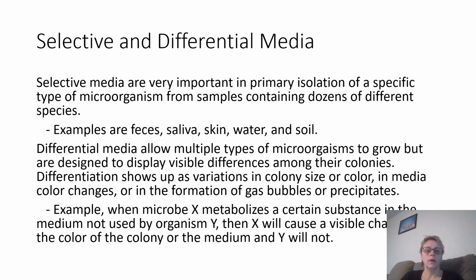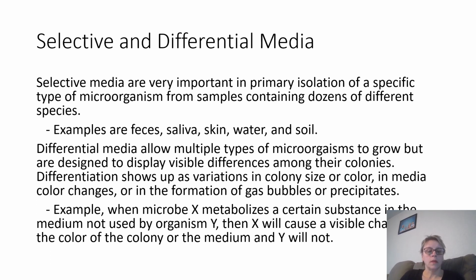Differential media allow multiple types of microorganisms to grow, but are designed to display visible differences among their colonies. Differentiation shows up as variations in colony size or color, in media color changes, or in the formation of gas bubbles or precipitates.